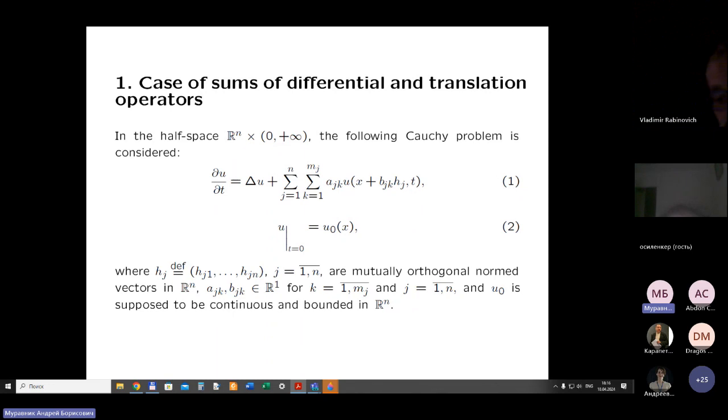One class is equations where differential operators and translation operators form sums. Another class is where differential operators and translation operators form superpositions.